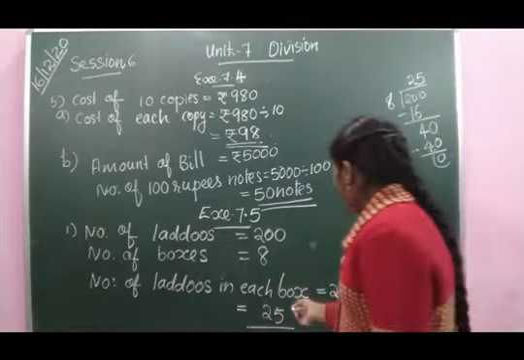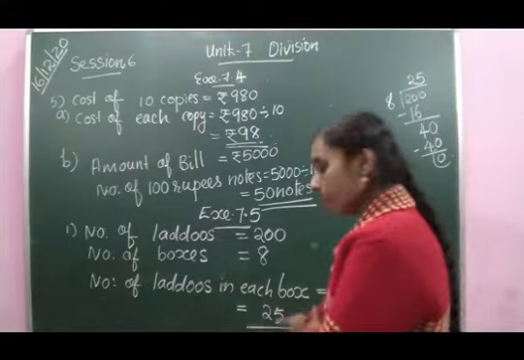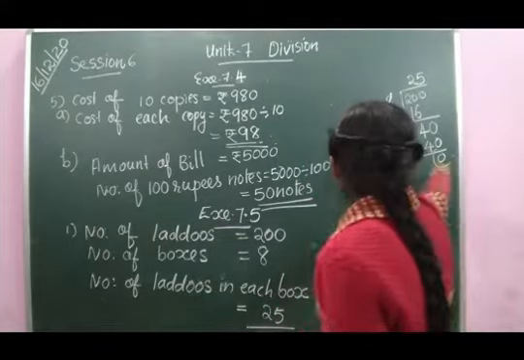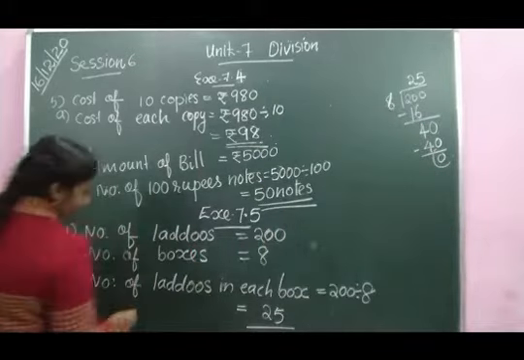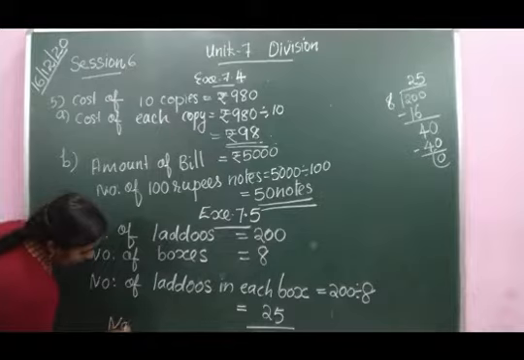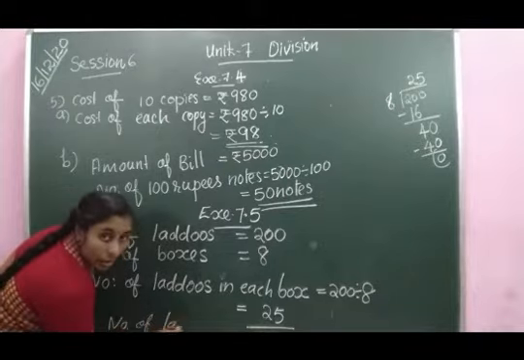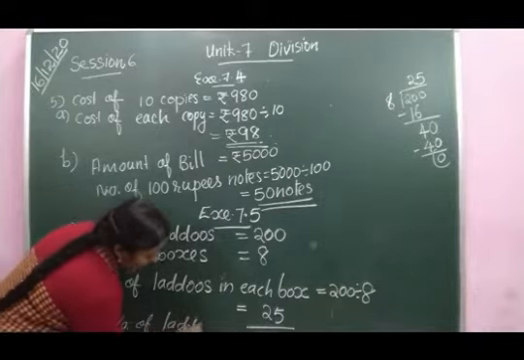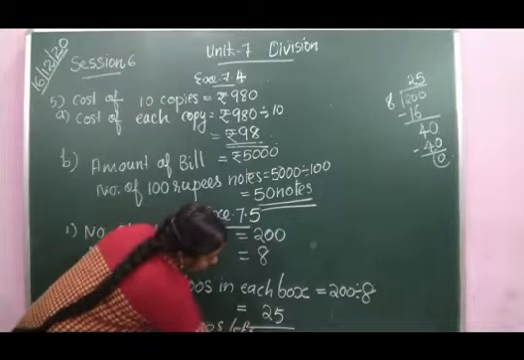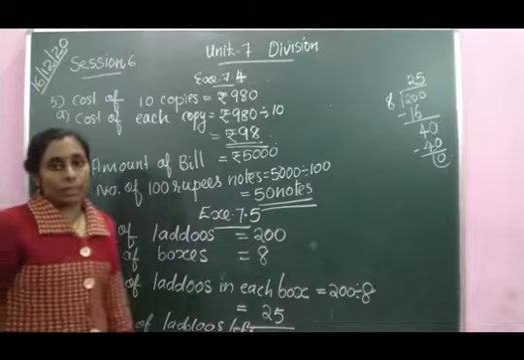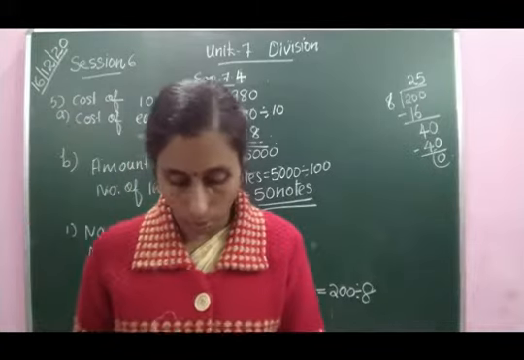What is the quotient? How many ladus in each box? 25. Number of ladus left behind? How many ladus? 0. That also we are supposed to write. Number of ladus left, 0.